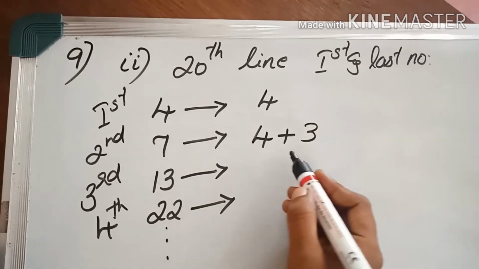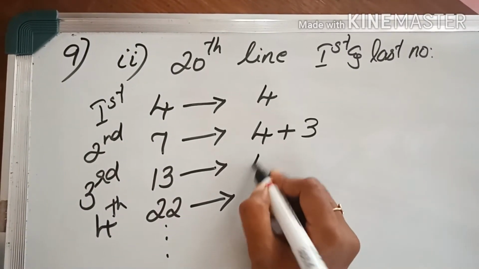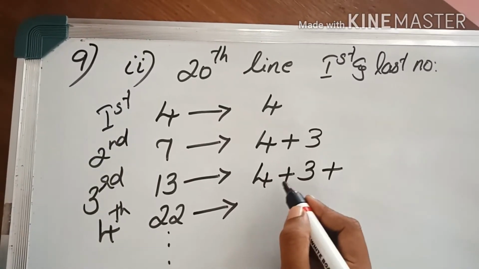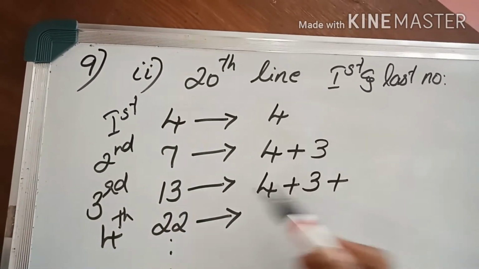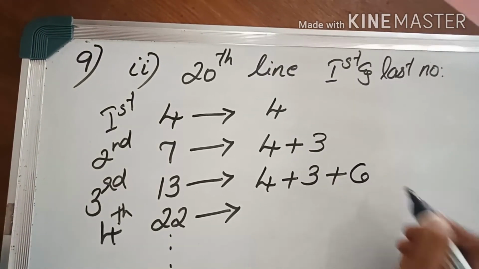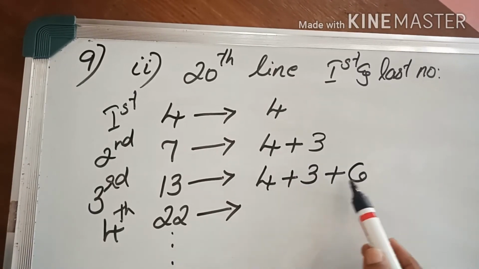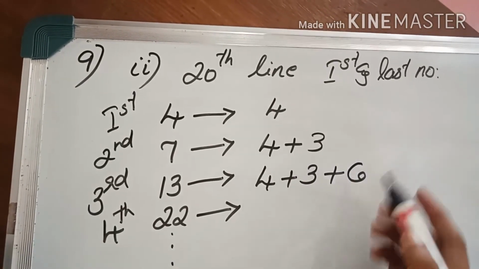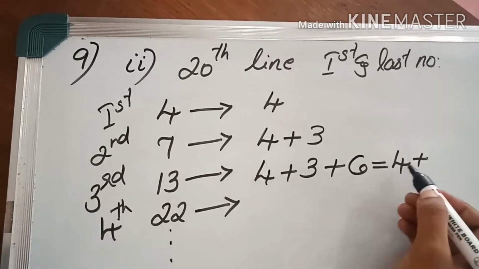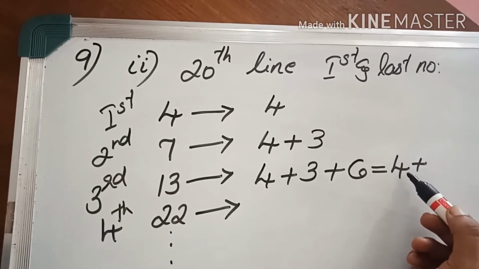Now in the third line, 4 plus 3 is 7, and 7 plus what will be 13? 7 plus 6 is 13. So 4 plus 3, then 4 plus 3 plus 6. This we can arrange like this: 4 is a fixed number because the starting number is 4. That's why we are not changing that first number 4.